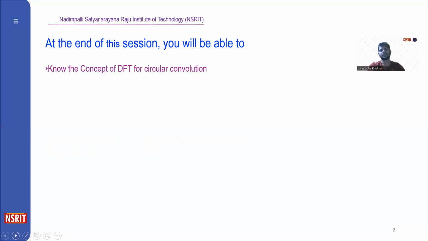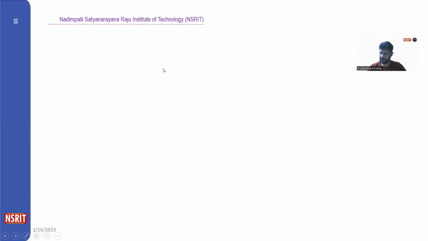So at the end of the session you will be able to know the concept of circular convolution. First and foremost we have to learn the circular convolution types, then how many circular convolutions we have, and then how we can solve the different types of circular convolutions.